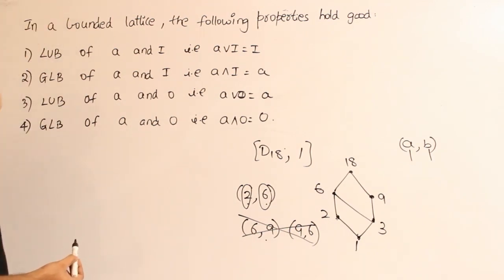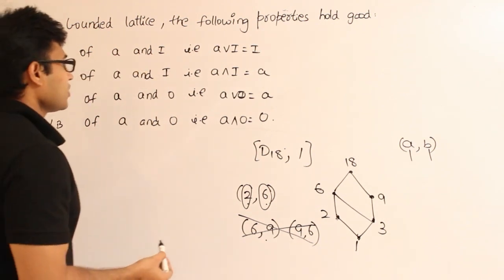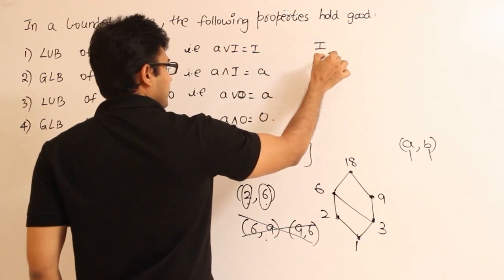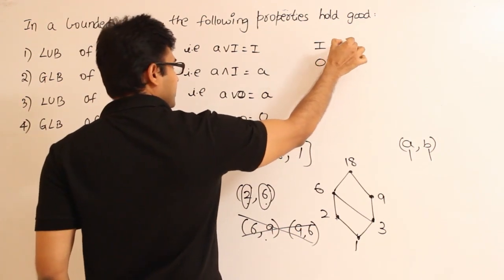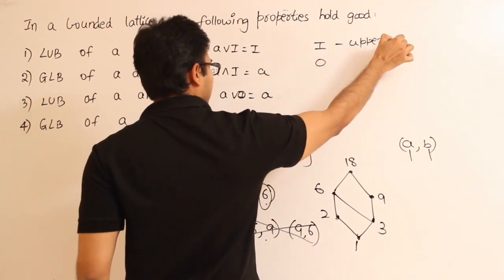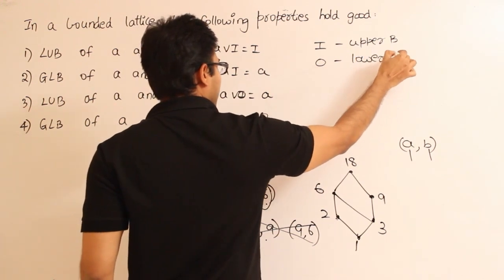Now in a bounded lattice, take the LUB, least upper bound, of A and I. First of all, here I am using the terminology where one is I and the other is O. I is nothing but the upper bound of the lattice, and O is nothing but the lower bound of the lattice.